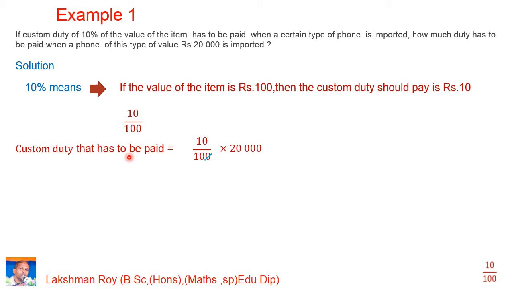Then you can simplify this. You can see denominator 0, numerator 0, divide by 10, again 0, another 0. That is how to simplify. Then 200 remains, which you multiply by 10, and you get 2,000 rupees. So this is the amount you have to pay as custom duty.